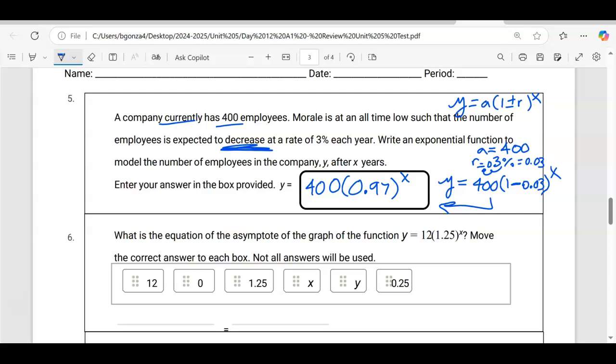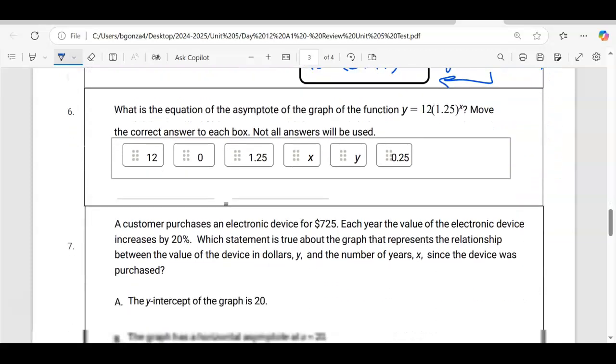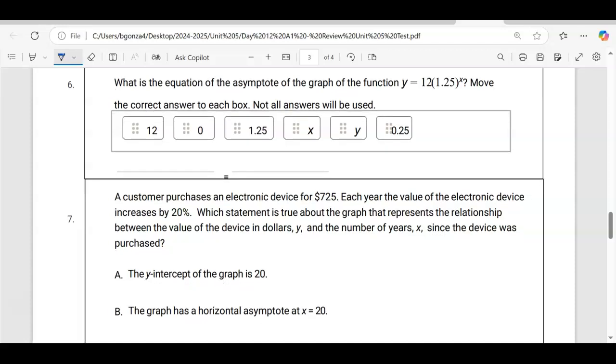All right. So please remember, when you have a rate and you're increasing or decreasing, you're adding or subtracting that from 1. All right, what is the equation of the asymptote? Okay. The asymptote of the function that we talk about here is always going to be what?